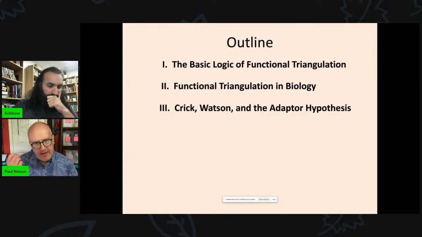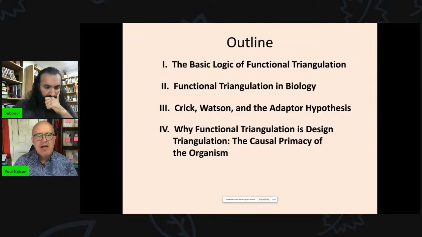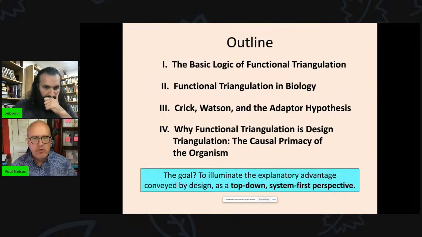Then we'll look at functional triangulation in a setting that is directly relevant to intelligent design. And lastly, we'll answer the question, why is functional triangulation properly called design triangulation? And look at a notion that I'm going to call the causal primacy of the organism.